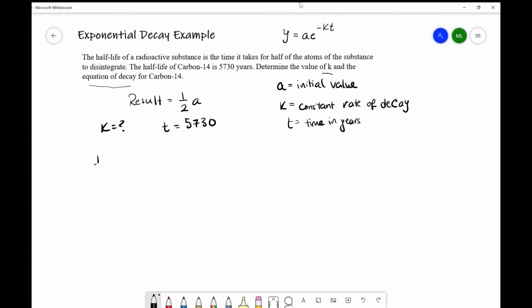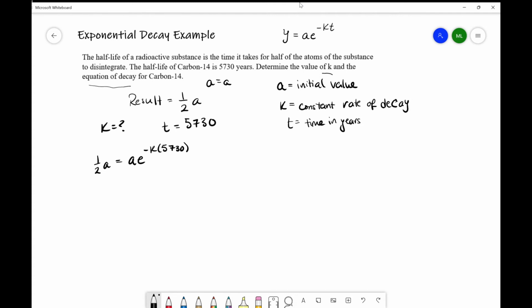We get half a, the result, our half-life, is equal to a e to the power of negative k times 5,730. Because we just let a be a, a is equal to a, so we're not changing much there. We just need to find k and what the equation is.